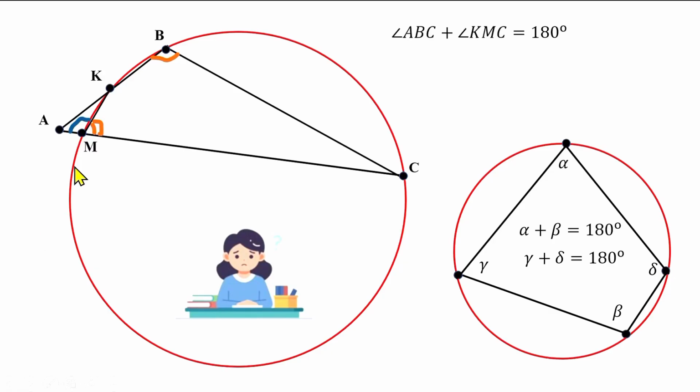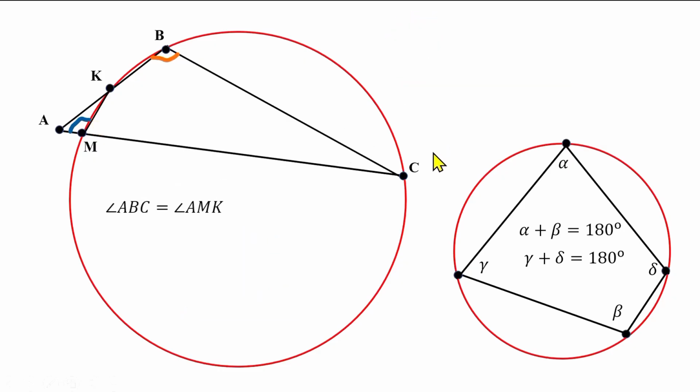It is adjacent to angle KMC, so their sum equals 180. What we see is that this part is the same in these two equations. It means that this angle equals this angle. So we have proven that angle AMK equals angle ABC.